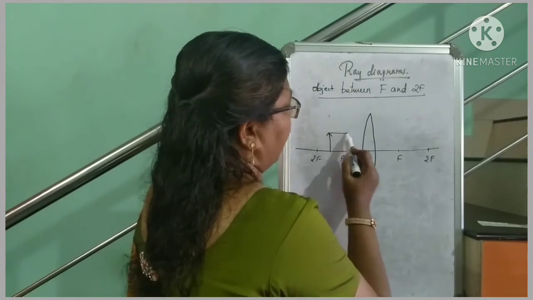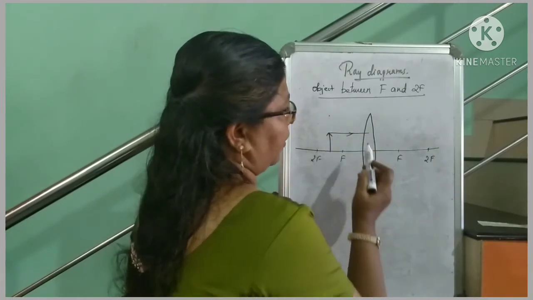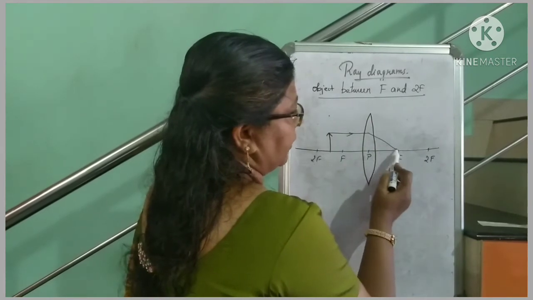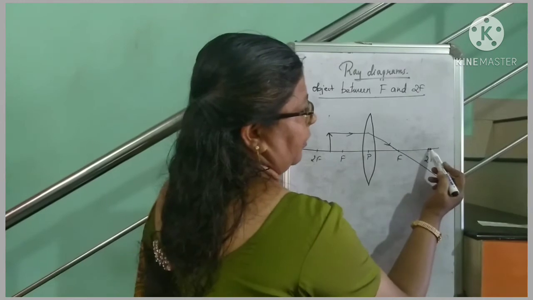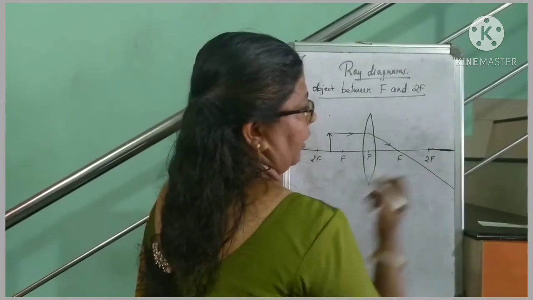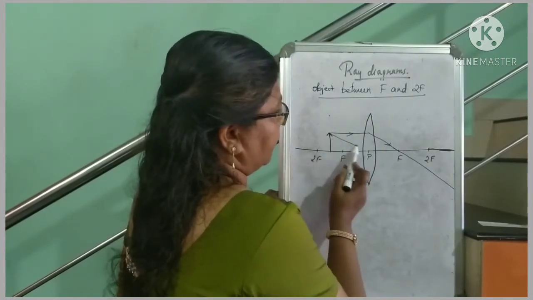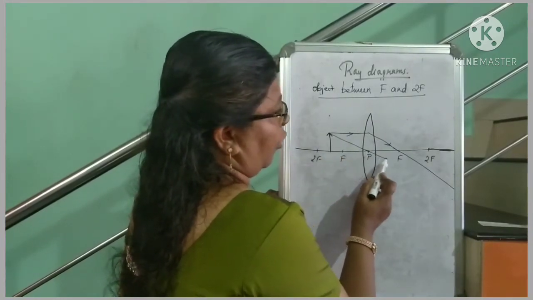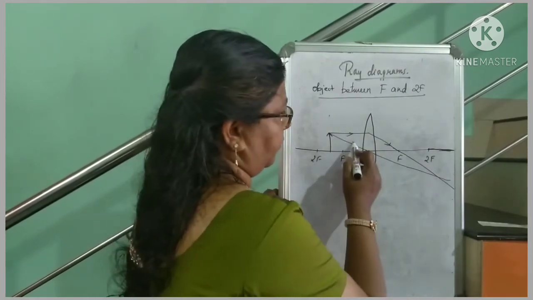The ray of light falling parallel passes through the principal focus. Then, a ray of light passing through the optic center will not have any deviation.